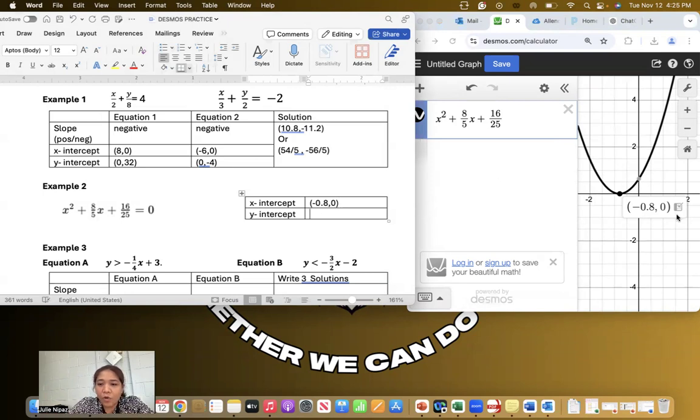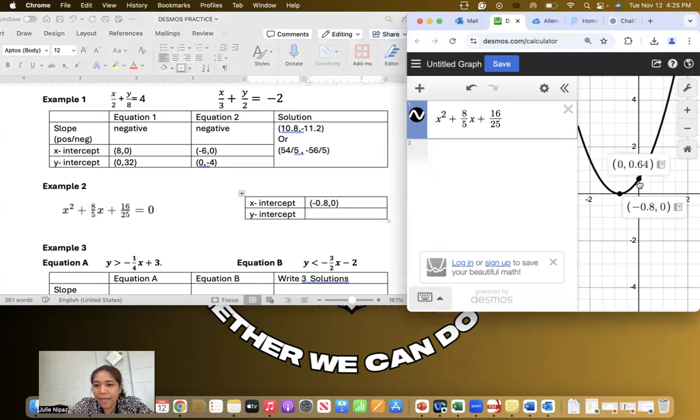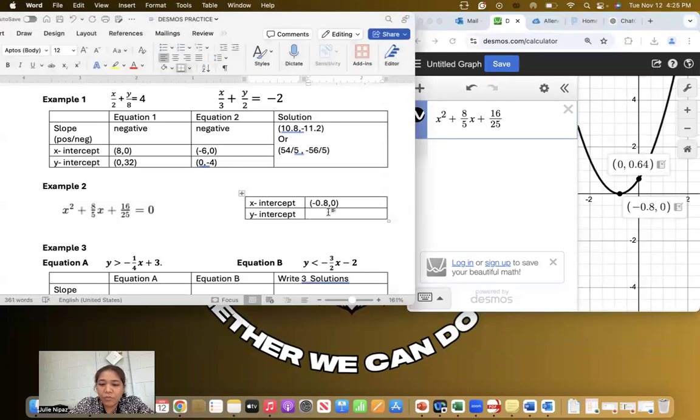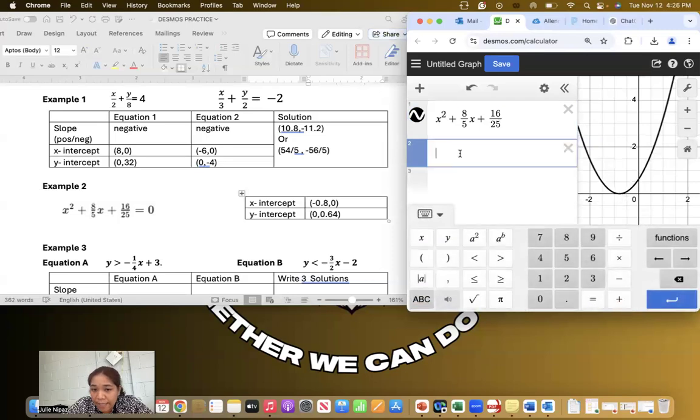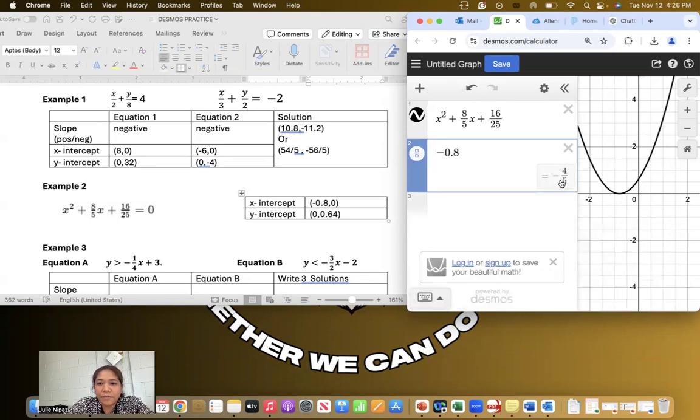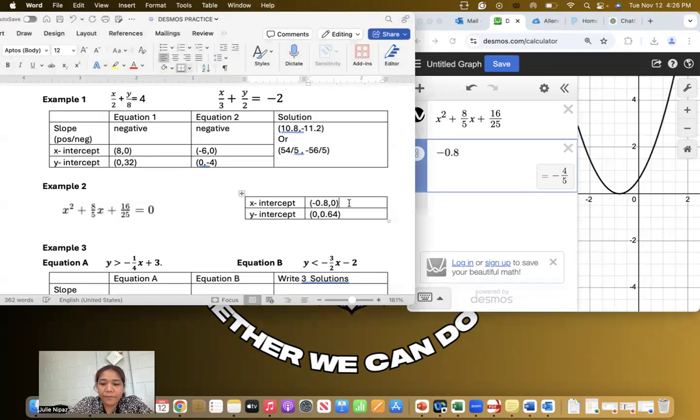And then your y-intercept will be at 0, comma 0.64, right? Now, just in case the decimal is not in your options, negative 0.8, you can write it as negative 4/5.